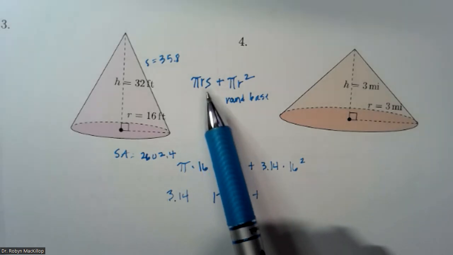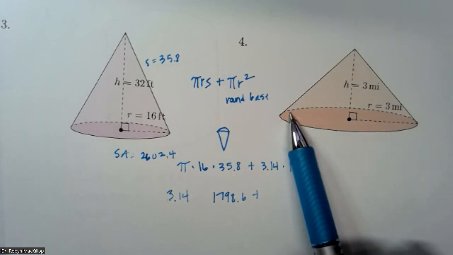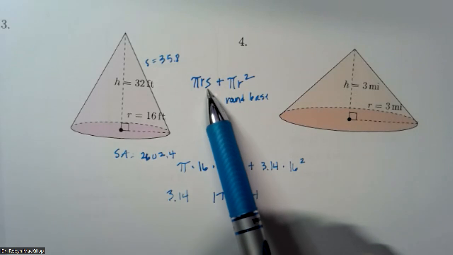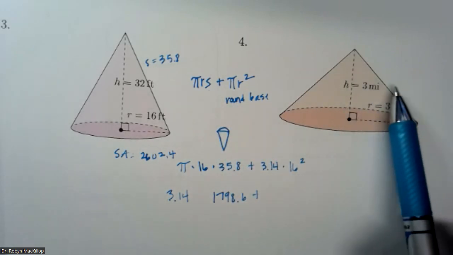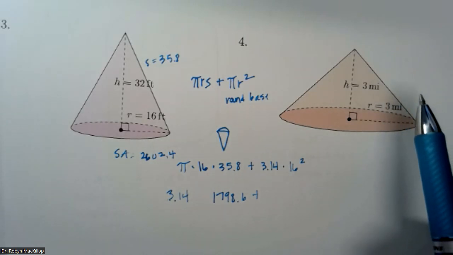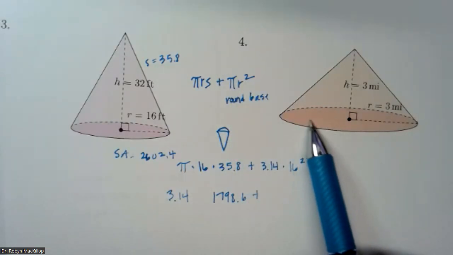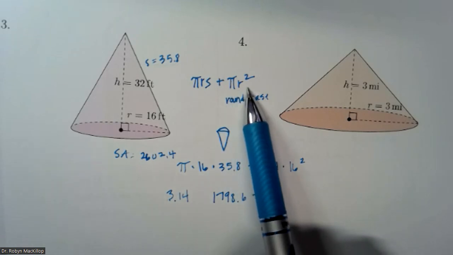Pi is good to go. Radius, they're either going to give you the radius, which they do here, or they're going to give you a diameter, and you just cut it in half. And then side. So if they only give you the height, you have to figure out the side. If they give you the side, no problem. No harm, no foul. And then the bottom, the round portion, is pi times radius squared.